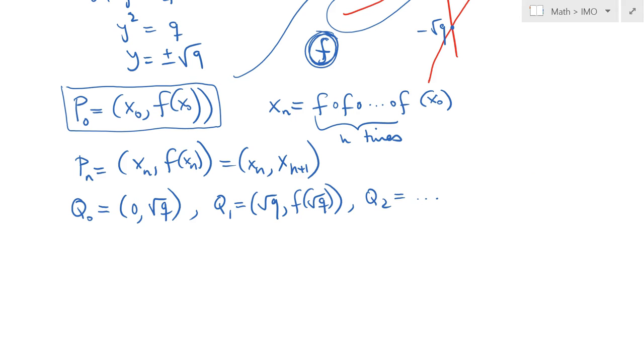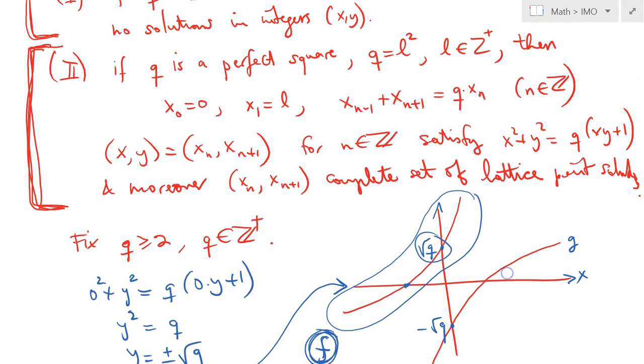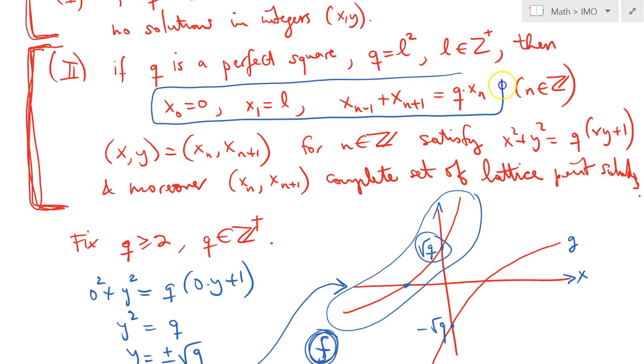Now what is so interesting is the following fact: due to the nature of this recursion, if our point Q is a perfect square, this recursion tells us that if you start with lattice point coordinates, then, well, if two initial conditions are both lattice points, and if Q is a perfect square, the first point will be 0 square root Q, but because square root Q is a perfect square, 0 square root Q is a lattice point, and the next one is a lattice point as well.